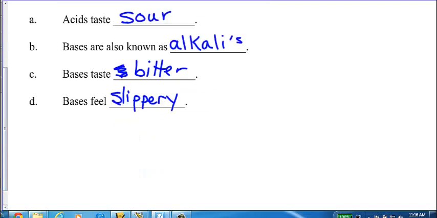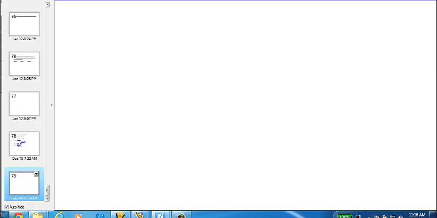We have to talk about some definitions. One of the definitions we have to talk about is that of an Arrhenius acid.